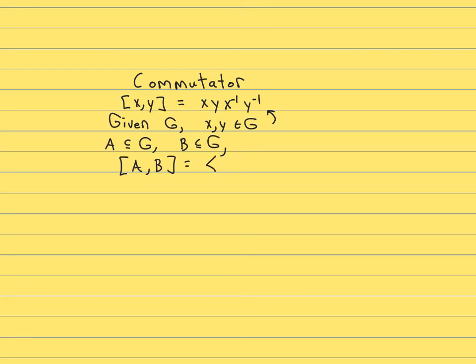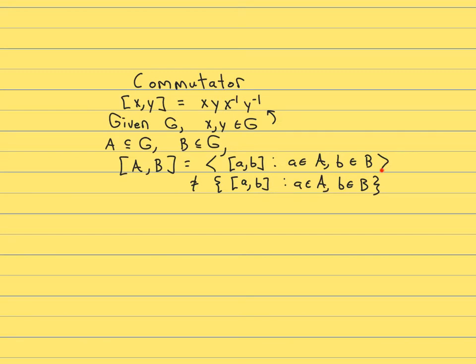So this would be the subgroup generated by commutators [a, b], where a is in A, b is in B. And it's worth pointing out that this is definitely not the same thing as the set of all commutators, because in general, there's no guarantee that the product of two commutators is also a commutator. So you're not guaranteed that this set's closed under multiplication, so it's not necessarily a subgroup.